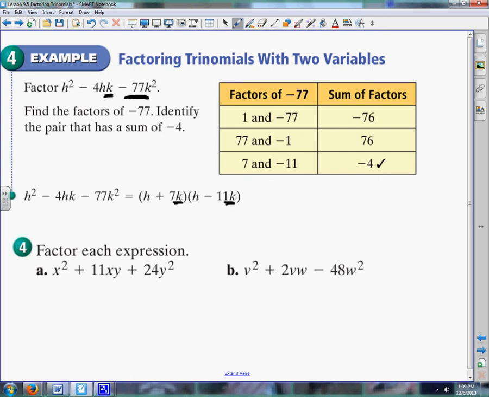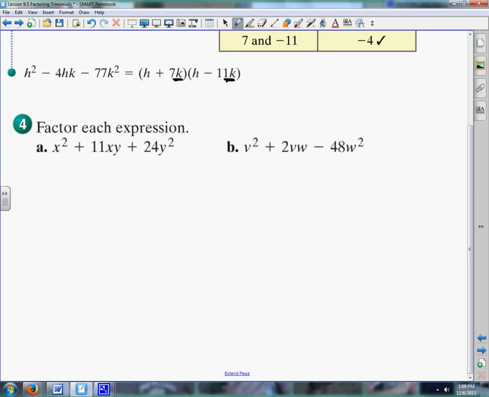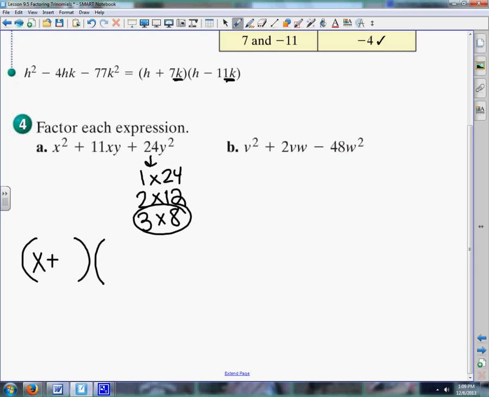So let's try A. So 24. So I have 24. So that is 1 times 24, 2 times 12, 3 times 8. So this is it, 3 times 8. Now, when I put this in, I'm going to have x plus, and then I'm going to have x plus, because these are both pluses, okay? 3 and 8.